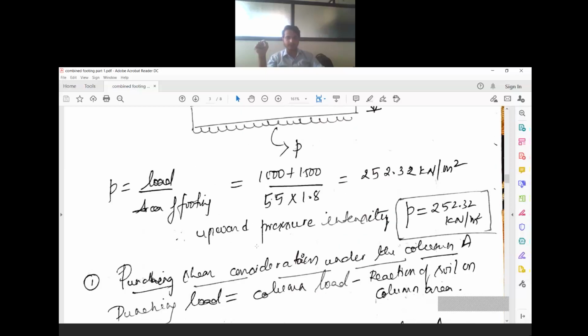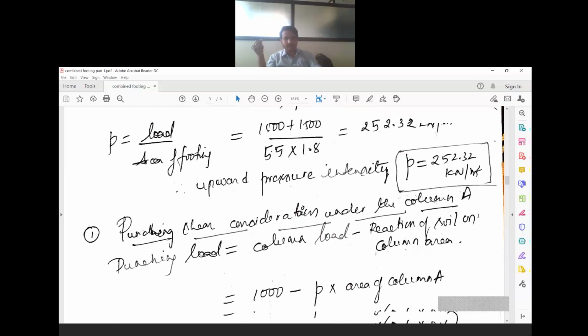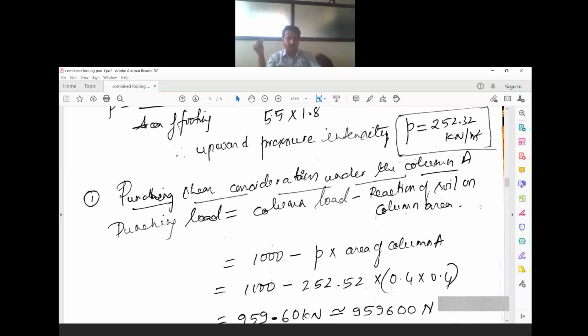Before the depth of footing, we had calculated the upward pressure intensity, which is load by area of footing, which was 252.32 kilonewton per meter square. For calculating the depth of footing, we had checked for punching shear. We also discussed what punching shear is.